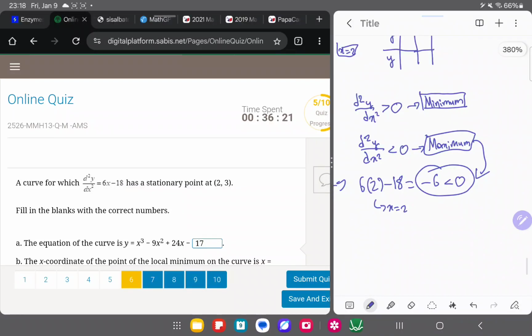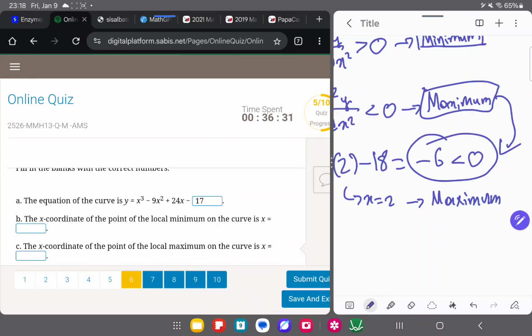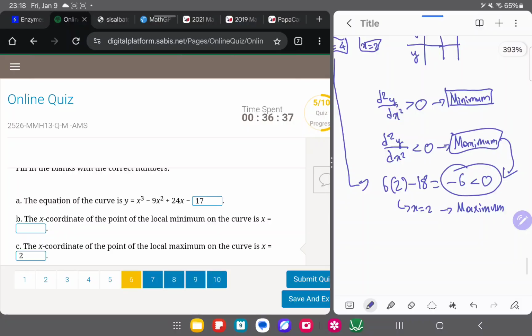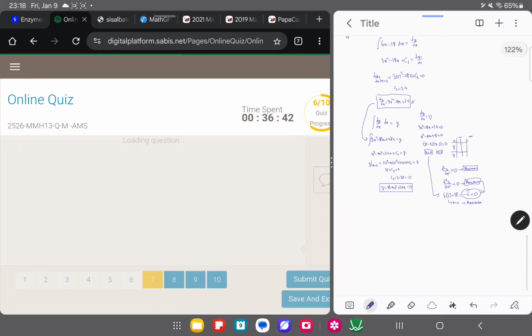The second derivative is less than 0, therefore the nature of the stationary point is maximum. So at x equals 2, it is maximum. So over here it's stating maximum, so x equals 2. And then there's the other turning point. No need to waste time by substitution. Just put 4, since that's the only other turning point.